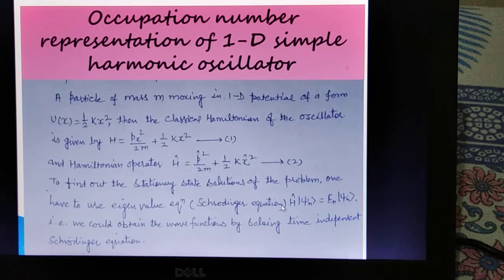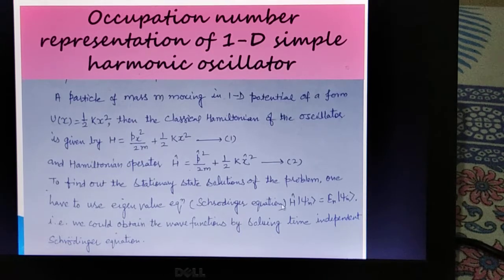This technique is quite typical or quite lengthy, you can say, because first of all you have to find out the energy eigenstates of the simple harmonic oscillator by solving the time independent Schrodinger equation, and then after getting the energy eigenstates you will have to find out the energy eigenvalues.